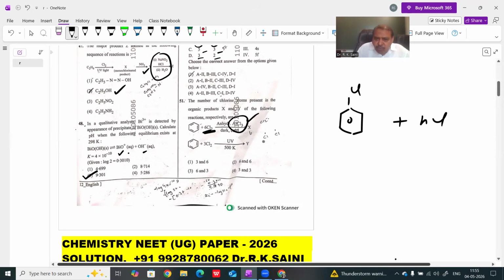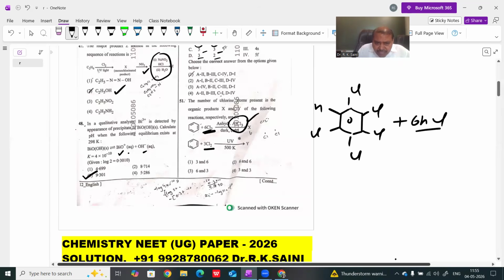When we take 6 molecules of Cl2, then all hydrogens are substituted by chlorines and make 6 HCl, and 6 chlorines attach at the positions of the protons.